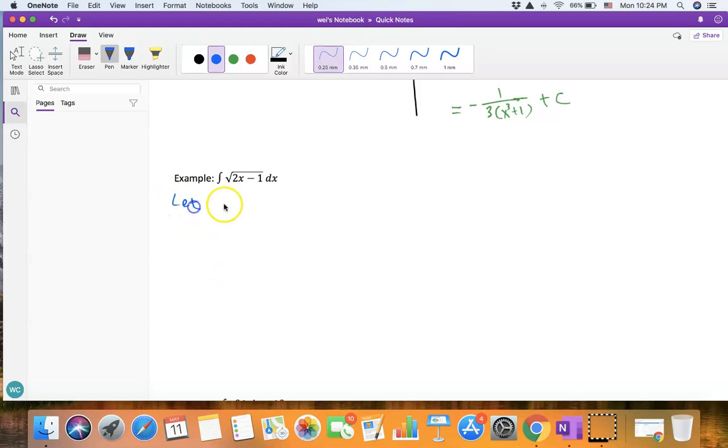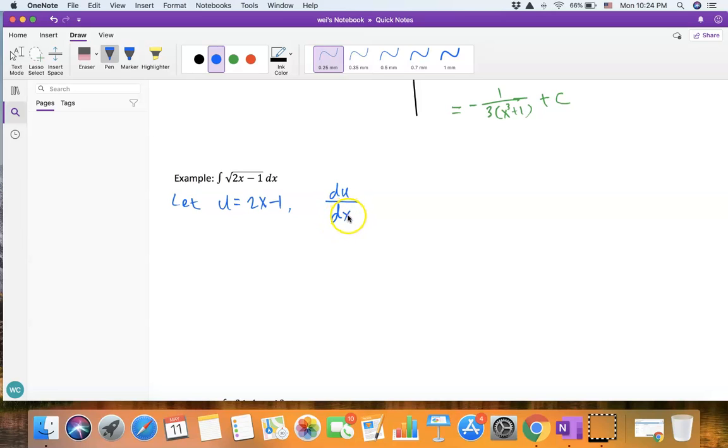If I let u be this term, then we take the derivative of both sides. When I take the derivative on the left-hand side, the derivative of u we write this way, du over dx.